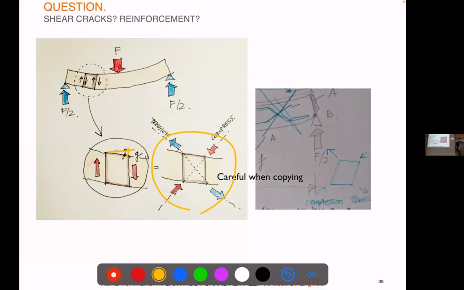And sometimes students copy in a very strange way. So when you copy, at least copy after you understand the idea, or ask, because this is just confusing, right? The arrows do not follow the image, so it's very difficult to get a visual understanding of what happens here. So be careful when copying, right?